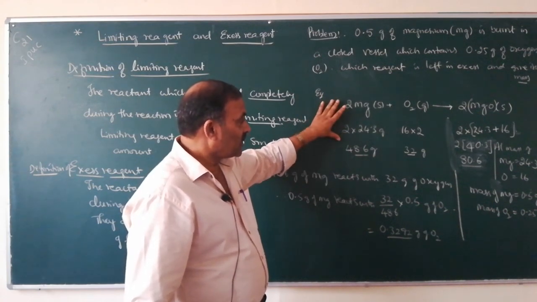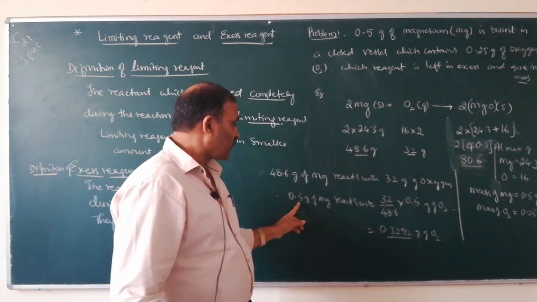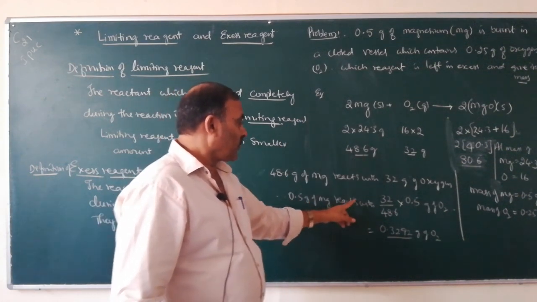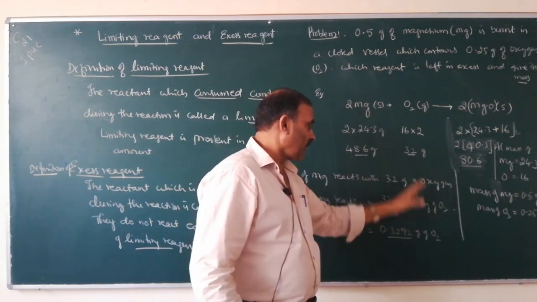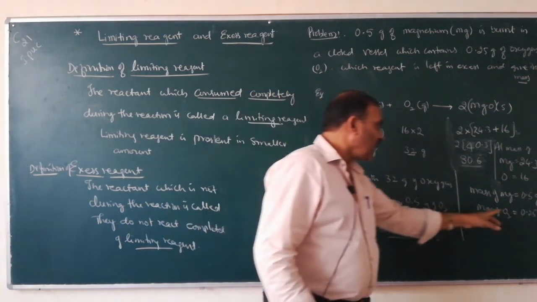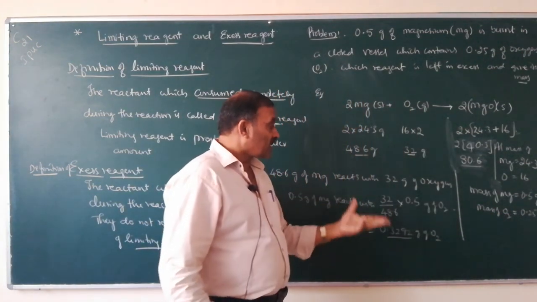According to this equation, for the complete reaction of 0.5 gram of magnesium we need 0.3292 gram of oxygen, but we have only 0.25 gram of oxygen.